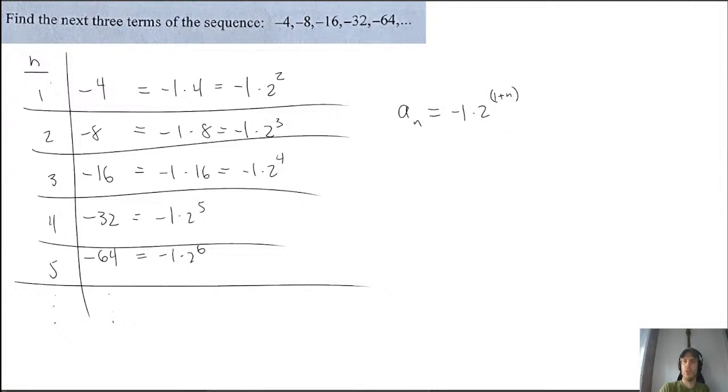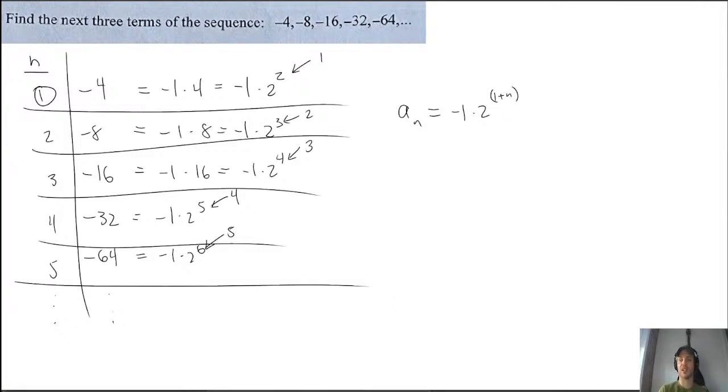Basically, compare this number to n, and you can see it's always 1 more than that. That's how you notice your pattern if you want to set an index. If you want to generate the nth term, you plug the same number in here, and you'll always get the correct number.